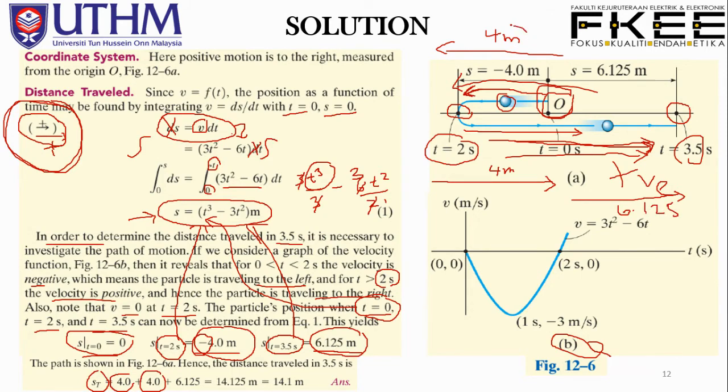So altogether we have 4 meter plus 4 meter plus 6.125, and this gives you approximately 14.1 meter after 3.5 seconds. So this means this particle has traveled about 14.1 meter after 3.5 seconds.